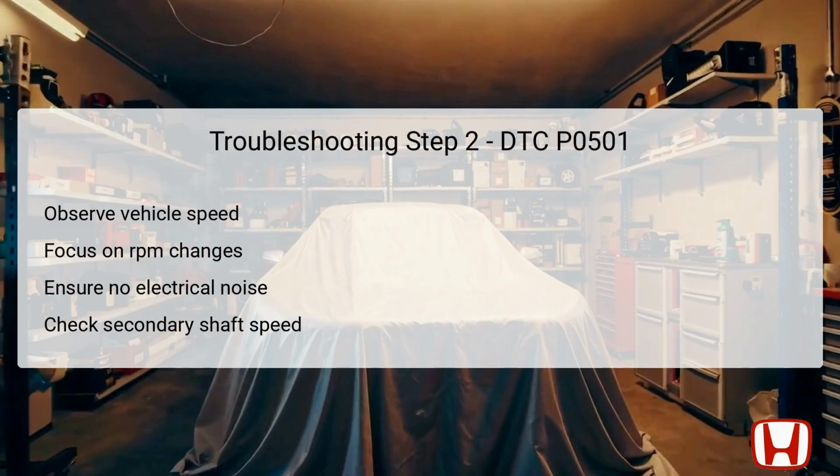Additionally, checking the rotation speed measured by the secondary shaft speed sensor is vital, as discrepancies here could be indicative of underlying issues affecting sensor performance. A detailed understanding of the vehicle's operational parameters will guide the technician in pinpointing the malfunction.